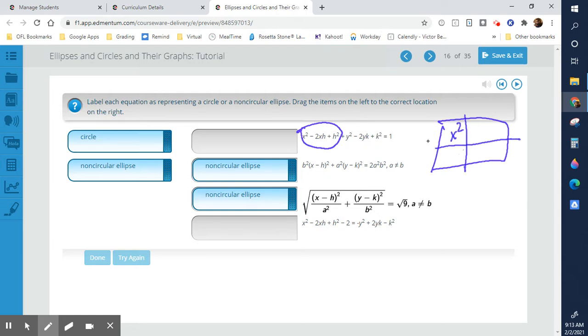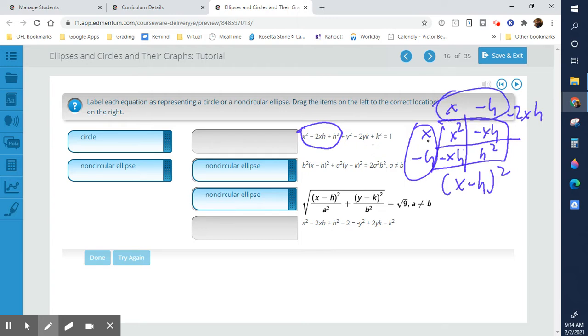Put an x squared here, put an h squared here, and I have a negative 2xh here. If I do x squared, x and a negative h and a negative h, I end up getting this negative xh, negative xh. I would get this x minus h quantity squared because I have an x minus h here and x minus h here.